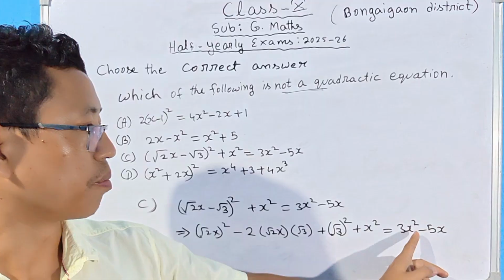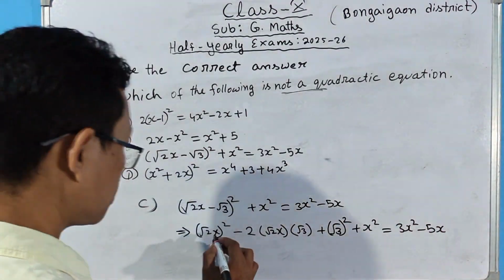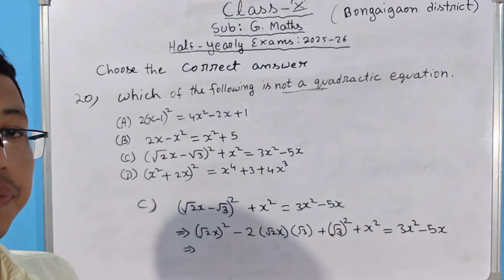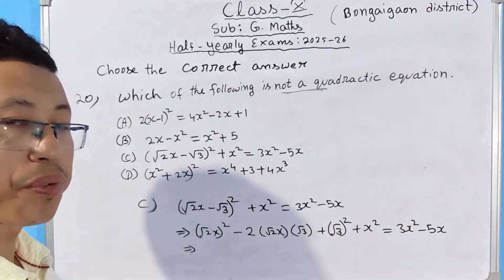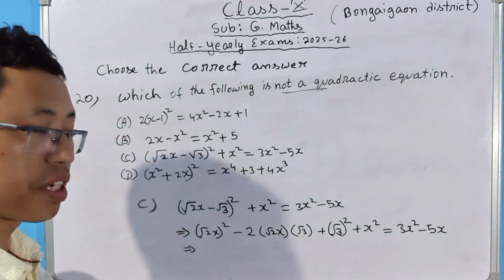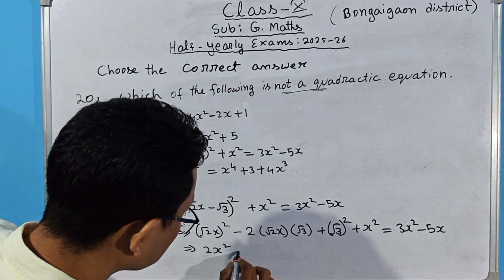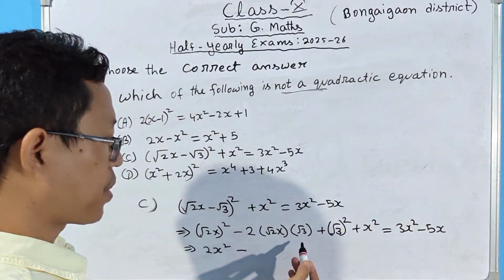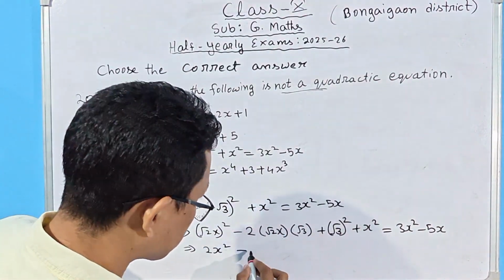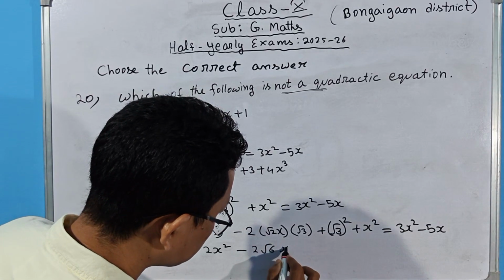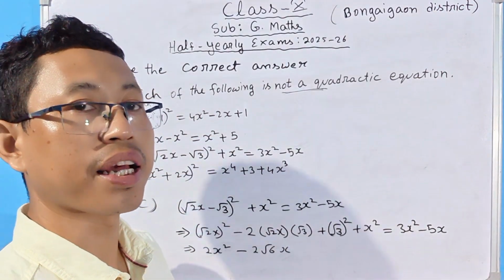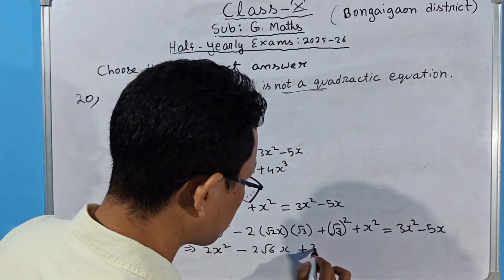As it is, I wrote minus 5x. Here root and square cancel, but x square is remaining. Here we get 2x square, and here we get 2 root 6x, and the square root and square cancel, only 3 remaining.